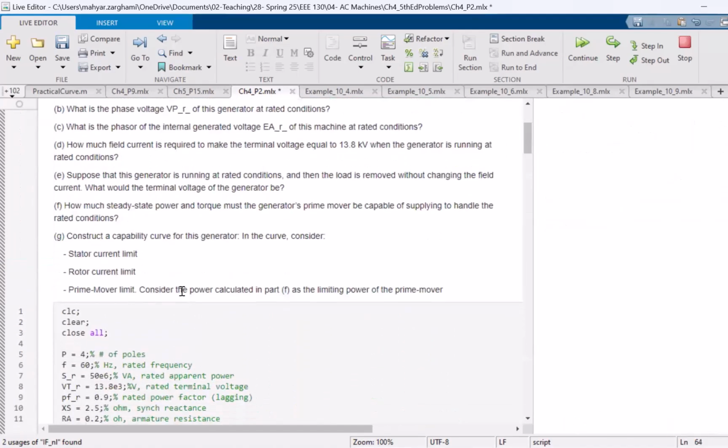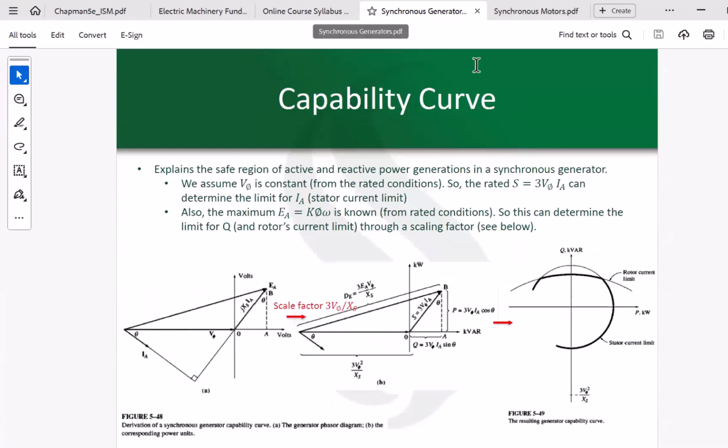So I'm wanting you to construct the capability curve of this generator. The capability curve of the generator must consider 3 basically things. If you go back to the generator, this is the capability curve. It has first a circle centered at 0 with radius equal to 3 times V phi IA.